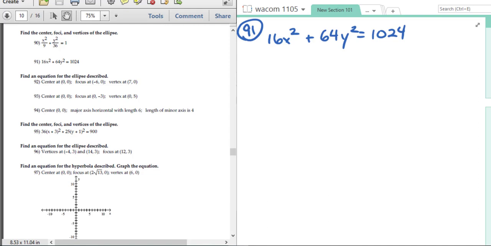All right, so next we'll look at problem 91. Another ellipse. This ellipse is not in the standard form. You need it to be a 1 on the right-hand side, so you need to divide out the 1024.